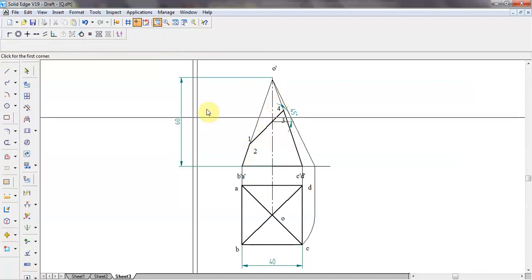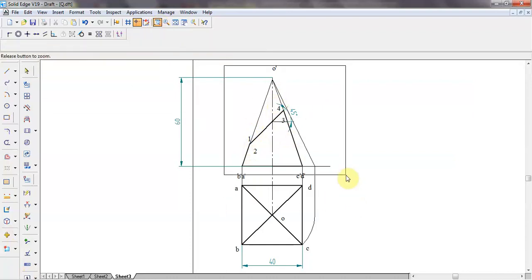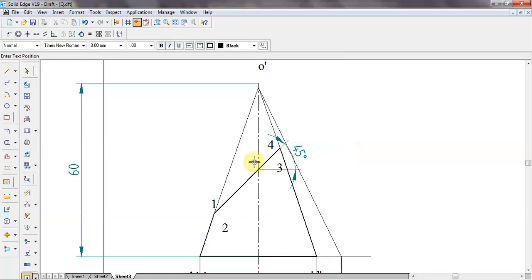So these are the 4 points where the section plane is cutting the pyramid. So you cannot measure the distance from these points. You have to shift the distance to the end generator. Then you can measure the distance from these points. Only for this type of problems you can do this. So 1, 2 is here, 3, 4 is on this line.